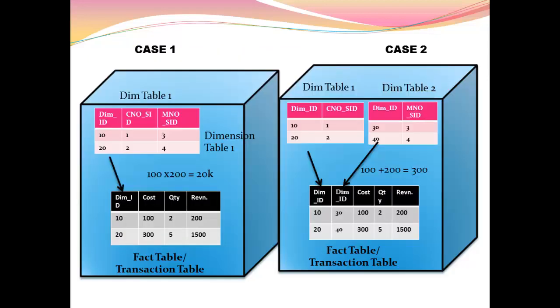Now let us take two cases. In the first, we have a dimension table which has both the characters, customer number as well as material number. In the other, we have allotted one dimension table with customer number and another dimension table with material number.